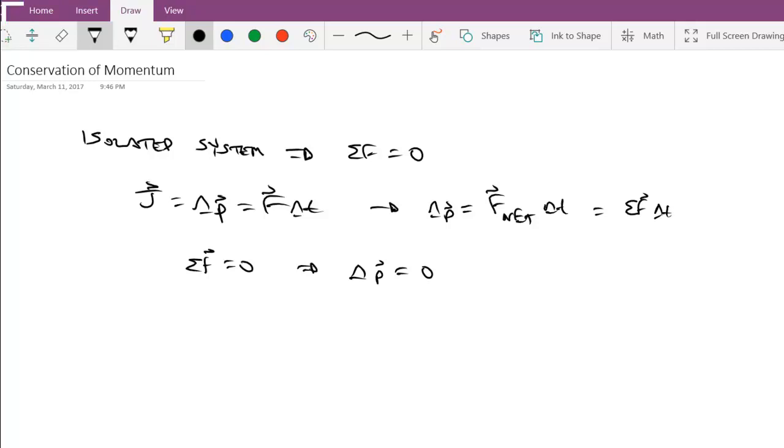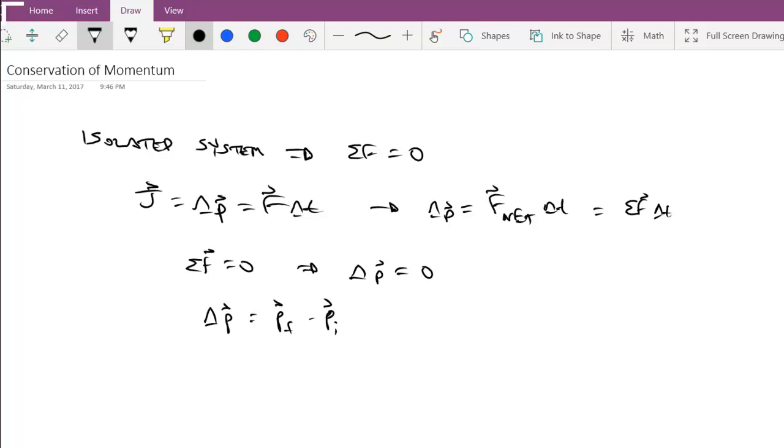So if the sum of the forces is equal to 0, then the change in momentum is equal to 0, and the change in momentum is the final momentum minus the initial momentum.